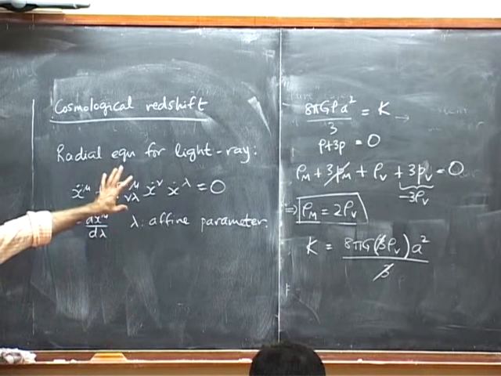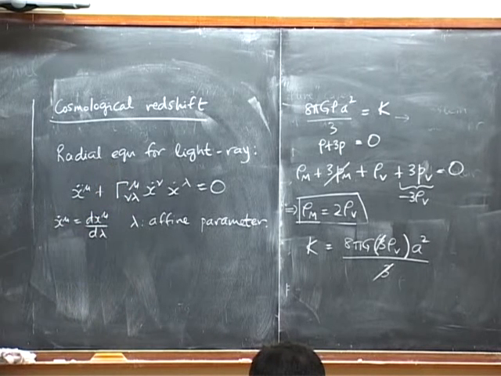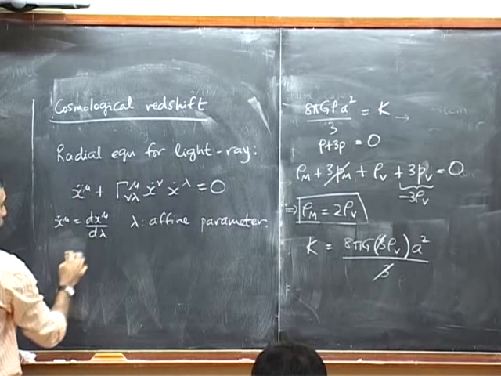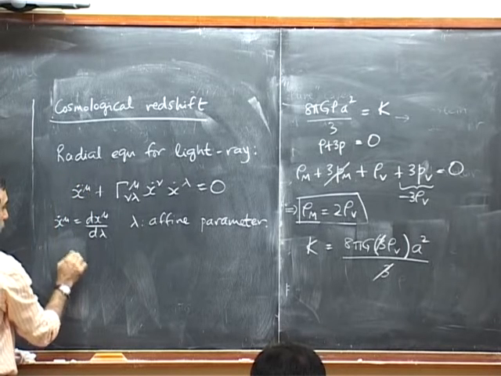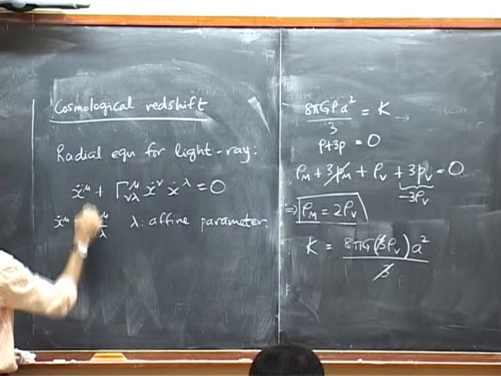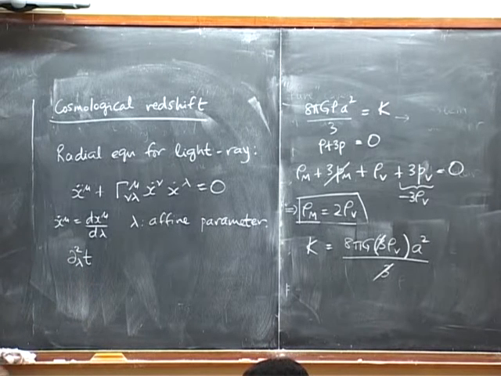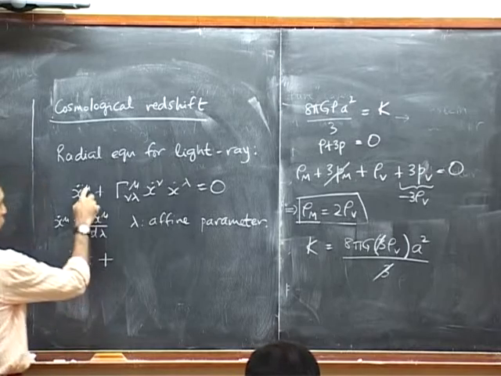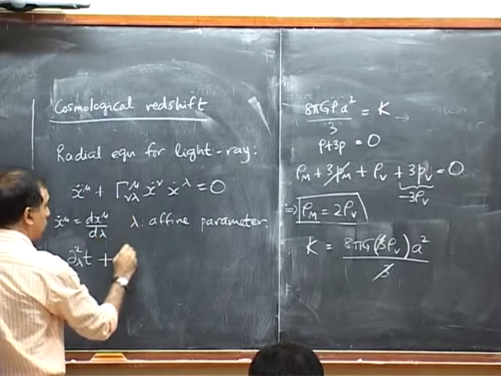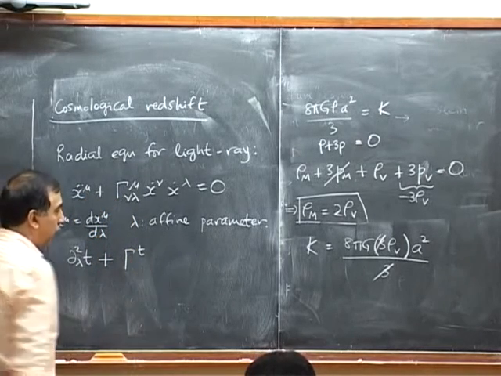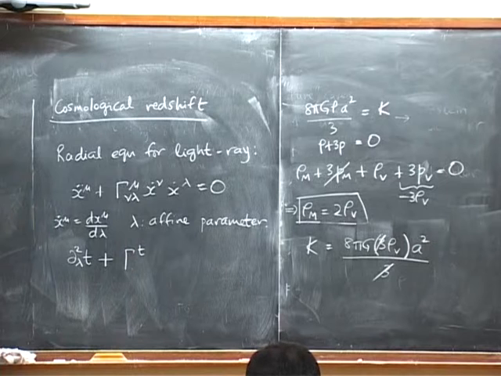Okay, the Friedmann equations involve a dot and a double dot. This dot is not d by dt. So therefore I will write it like this, d squared t by d lambda squared. Now t is a function of lambda, it's a trajectory. Okay, plus what? Since I have chosen mu equals 0, this is gamma t, and then two things here. Now in the FRW metric, which gammas were non-zero?